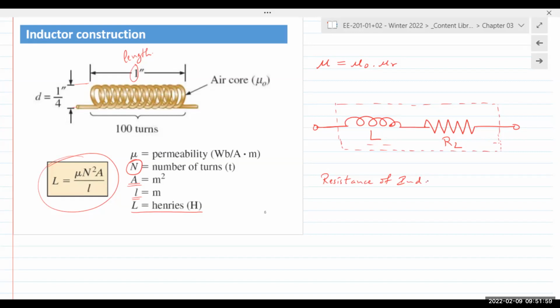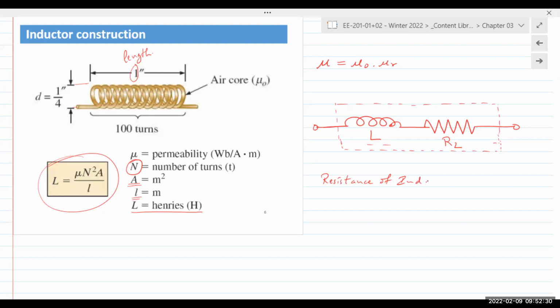Yet, when we draw the circuit schematic, we have to represent it in some manner. And we say that the resistor is in series with that inductor. This would be an ideal inductor, and this would be its real life resistance in series along with it. And when you get to lab 6, if you're taking it, lab 6 deals with modeling this inductive resistance.